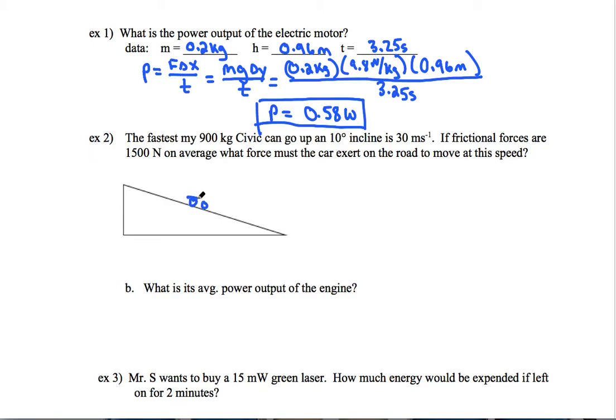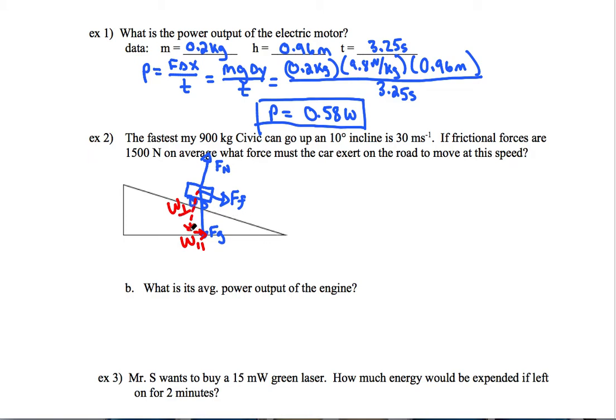If we start with a little diagram, we have a car with a downward force of gravity, a perpendicular normal force, and if it's going up the ramp, then the frictional force must go down the ramp. We know the frictional force is 1,500. Then we have two other forces we've typically talked about with ramps: the weight that is parallel to the ramp, and the weight that's perpendicular.